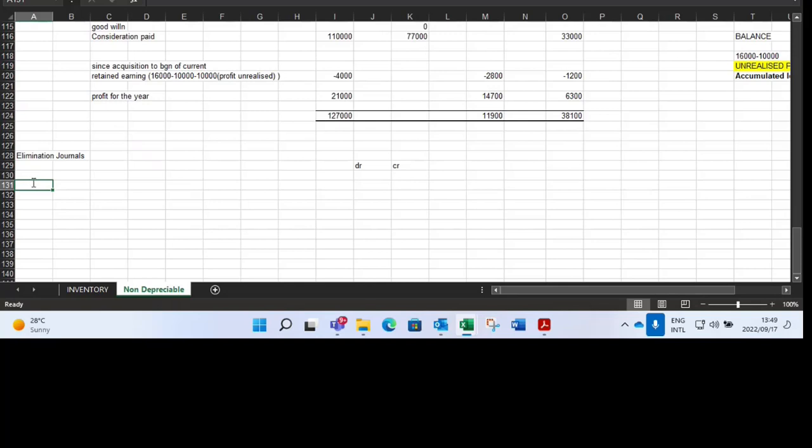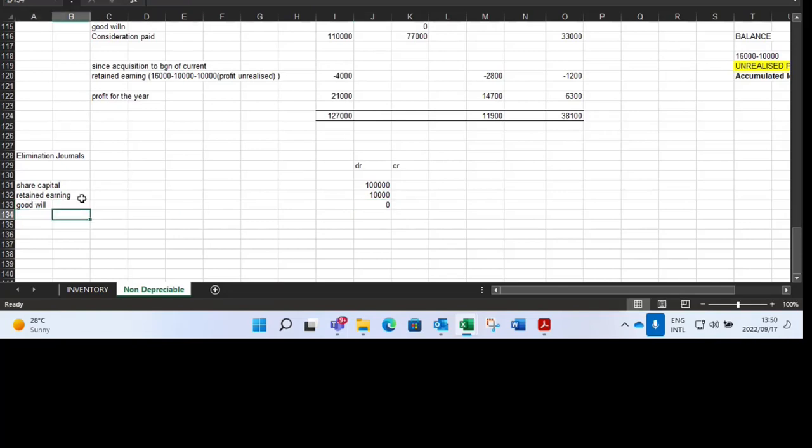We eliminate the share capital. The retained earning is 0.